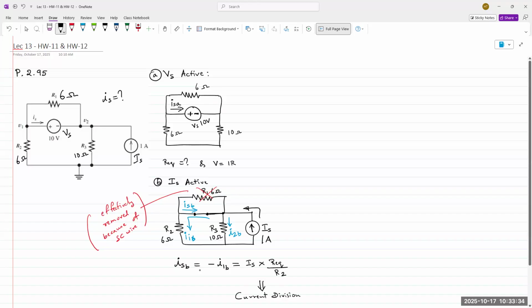Let's take a pause. Let me know if you have any questions. Does current division only work when there are two branches?